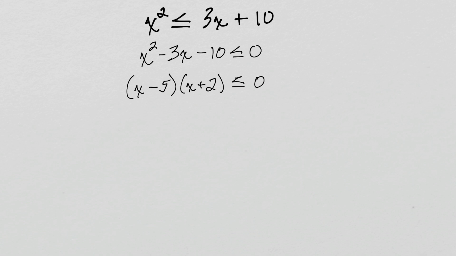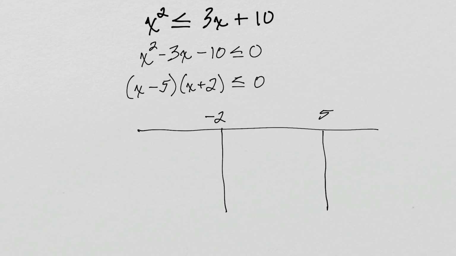So the only places this would equal 0 would be if x was 5, 5 minus 5 is 0, or if x was negative 2, negative 2 plus 2 is 0. So I can go ahead and put my points in here, negative 2 and 5, draw myself a little number line, and we like to mark it this way.